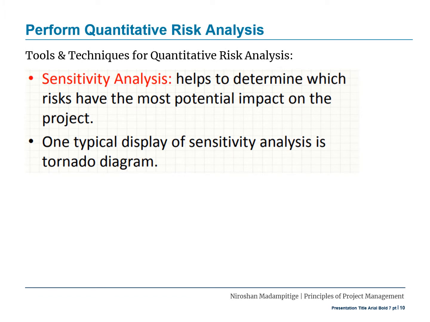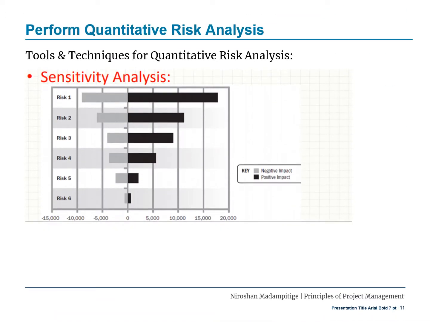Sensitivity analysis is another tool that is used to quantify the risks. It helps to determine which risks have the most potential impact on the project. One typical display of sensitivity analysis is the tornado diagram. Here is an example of a tornado diagram.